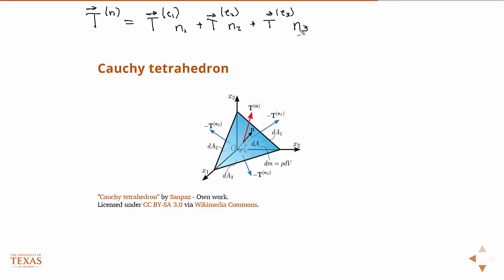Now remember, these are all vectors in themselves, right? So like Tn is a vector, so it's actually got 3 components. T1 in, T2 in, T3 in, right?